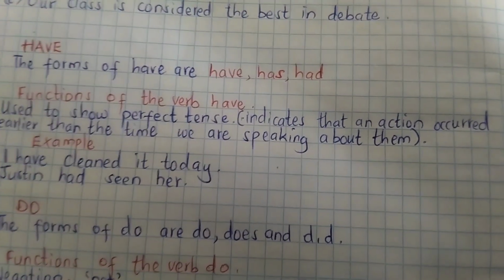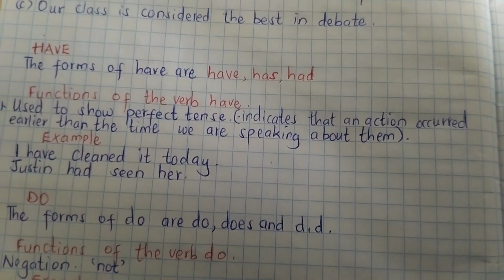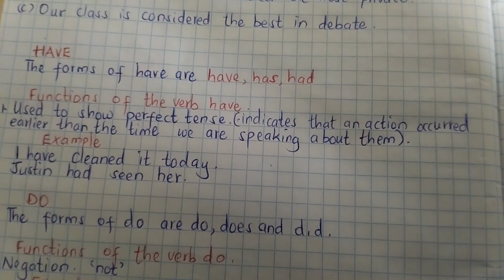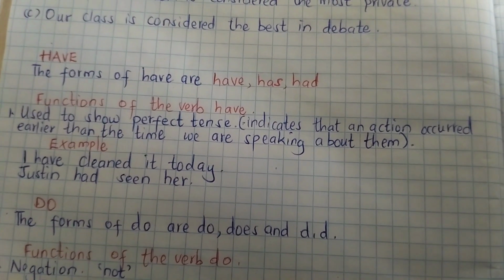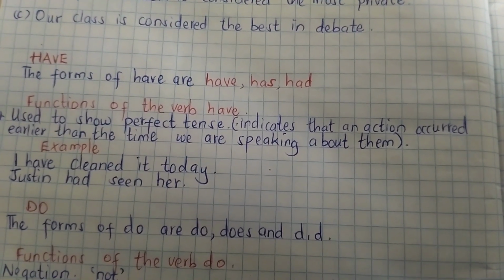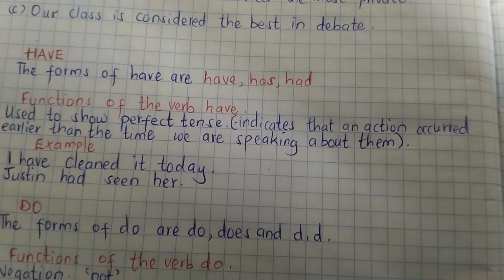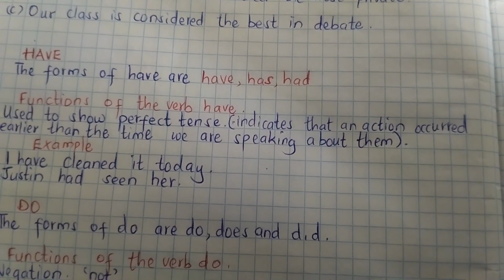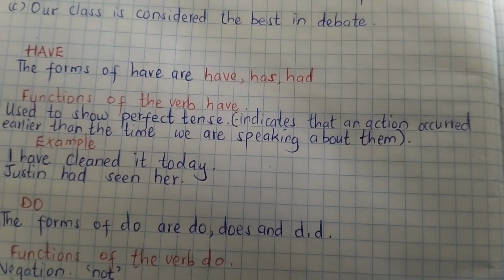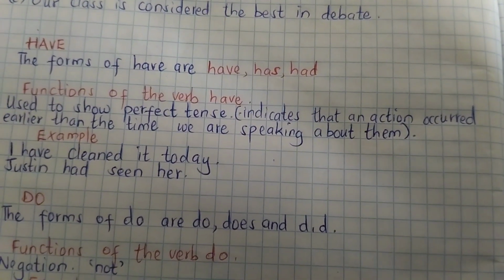Let me give you a second or two to think of what it is. Perfect tense indicates that an action occurred earlier than the time we are speaking about. Maybe an action had occurred some minutes earlier than the time you are speaking. That is what we call perfect tense.